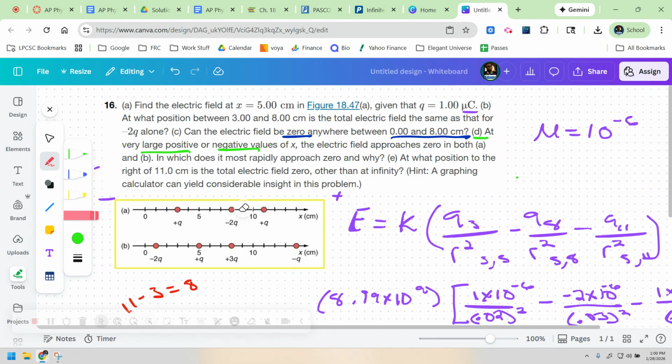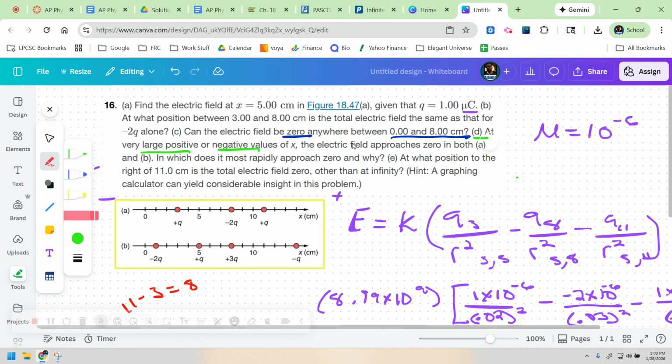So now they're talking about both figures. So the electric field approaches 0 rapidly, I think.